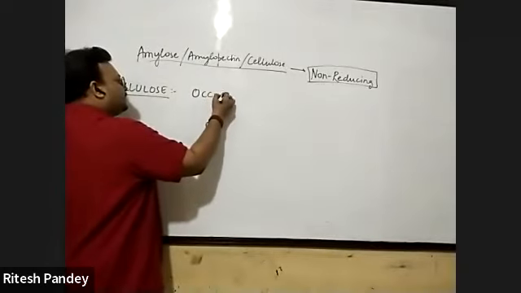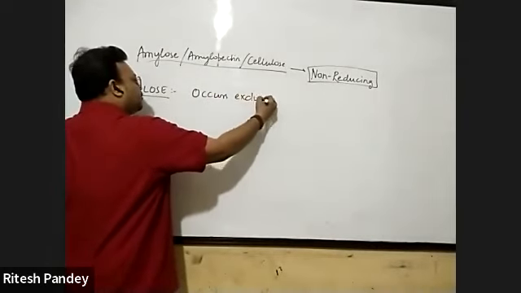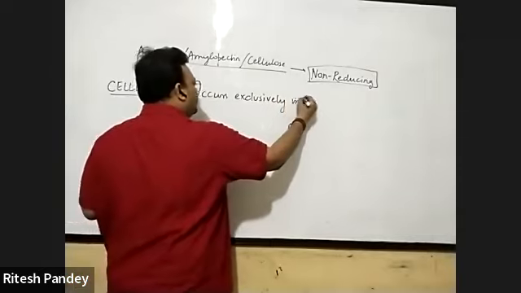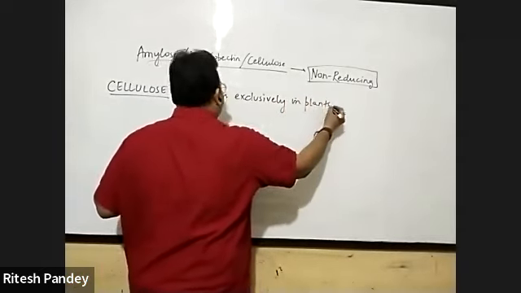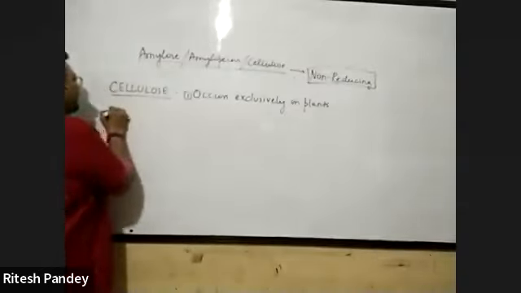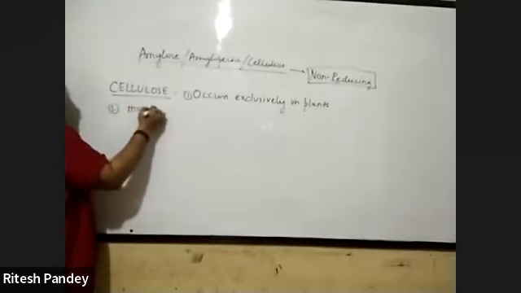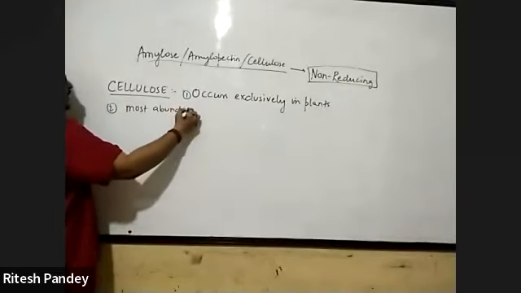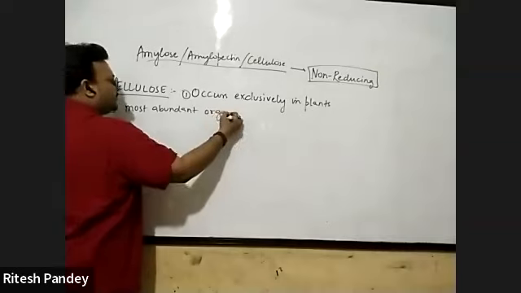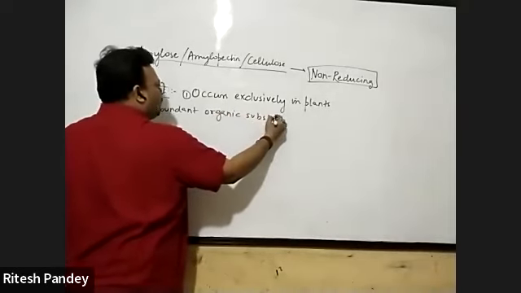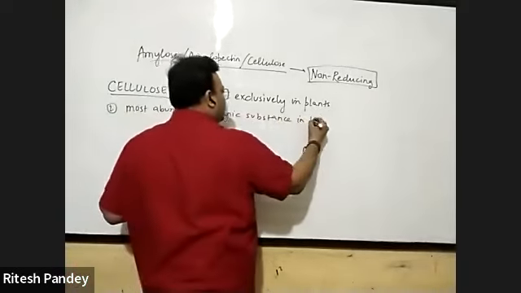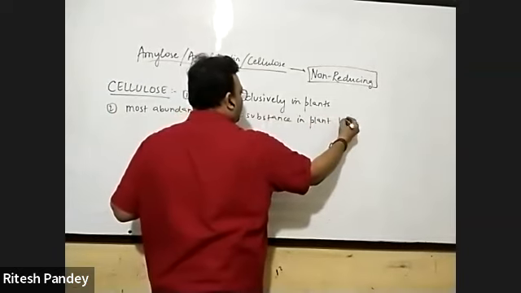Now this occurs exclusively in plants, and naturally is the most abundant organic substance in the plant kingdom.